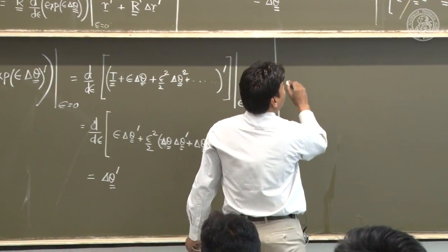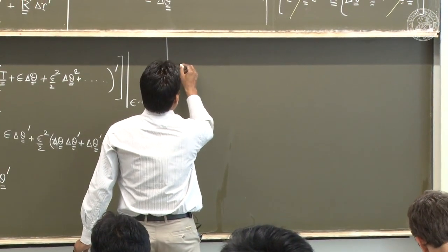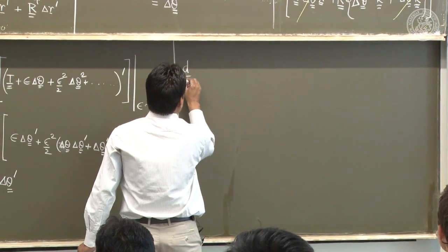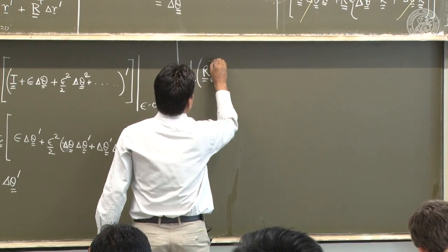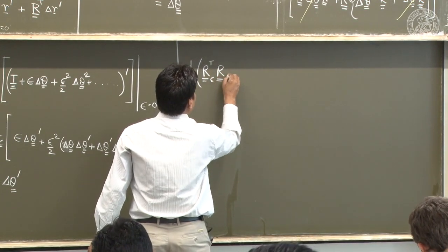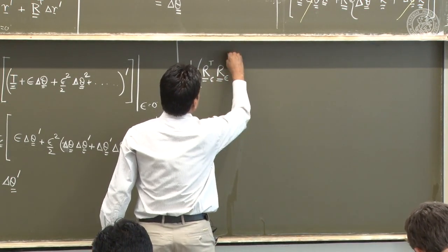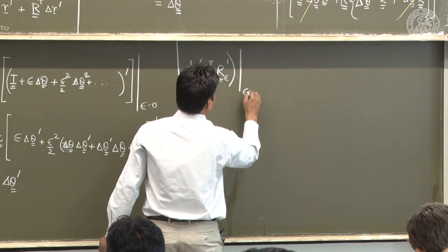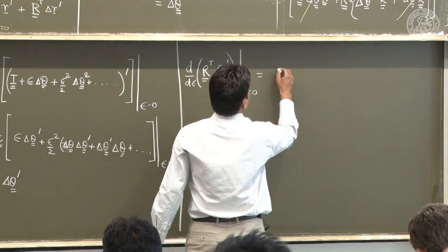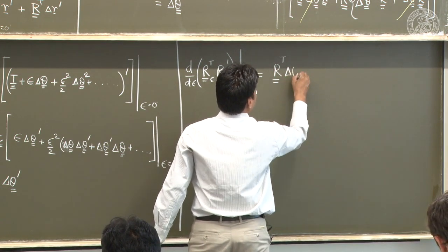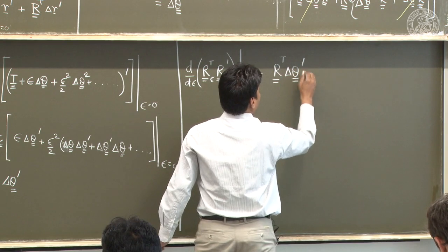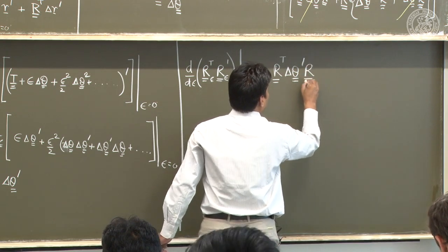Okay, so that tells me that d by d epsilon of r epsilon transpose r epsilon prime at epsilon equal to 0 is equal to r transpose delta theta prime into big R.